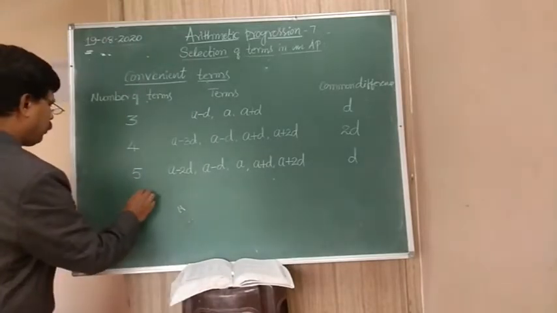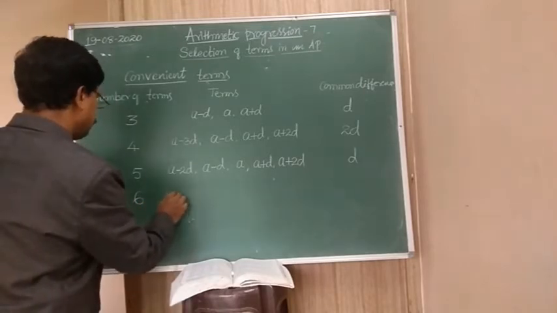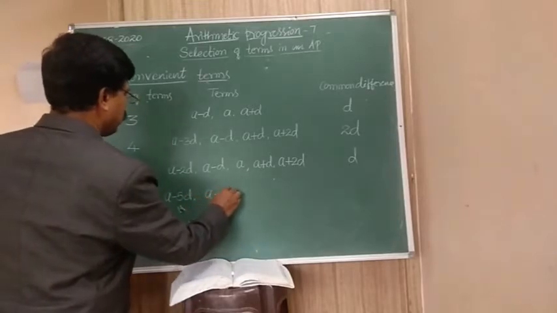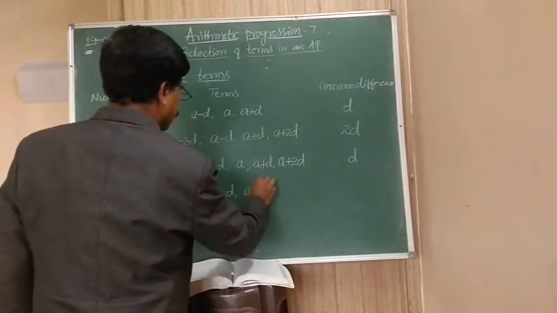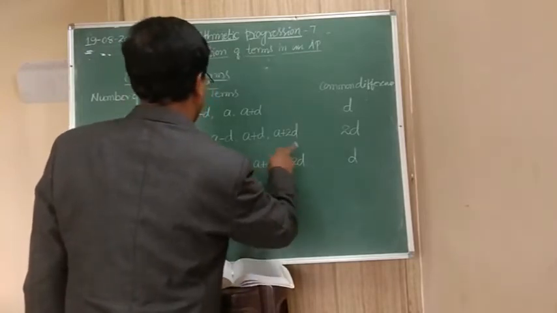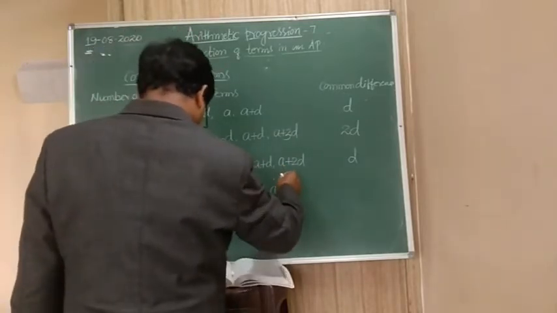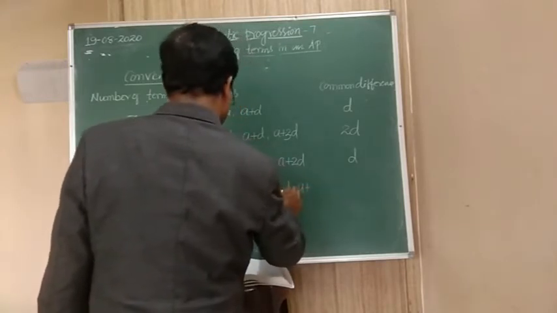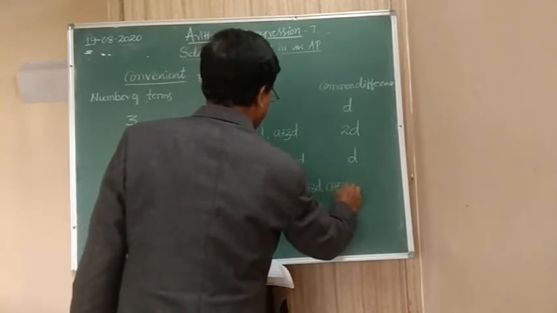Next, if 6 terms are in AP, you should take it like this: a minus 5d, a minus 3d, a minus d, a plus d, a plus 3d and a plus 5d.